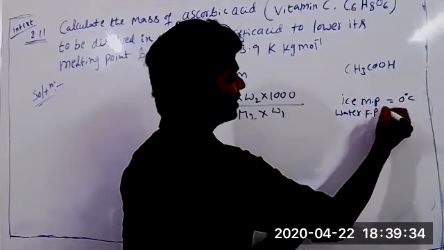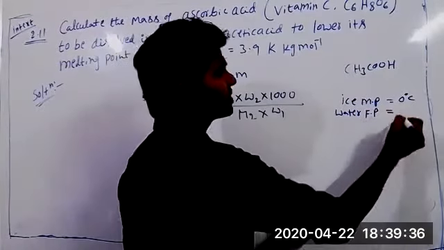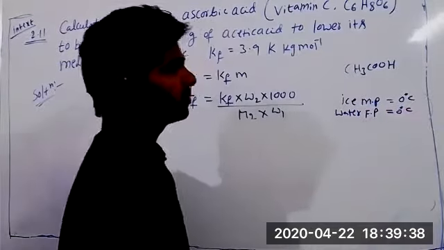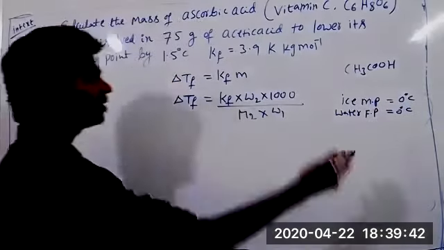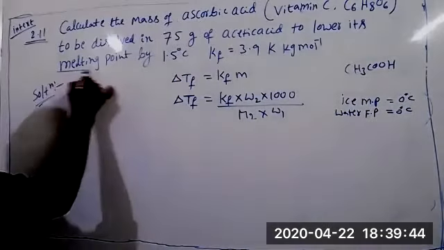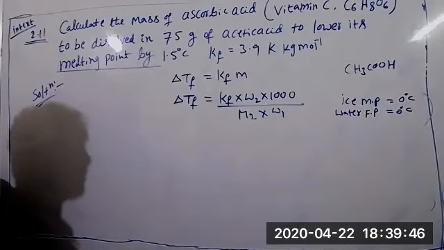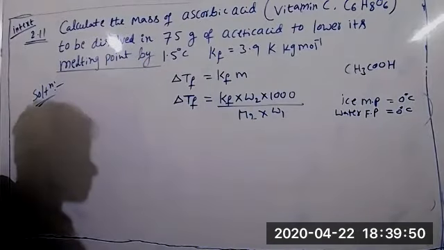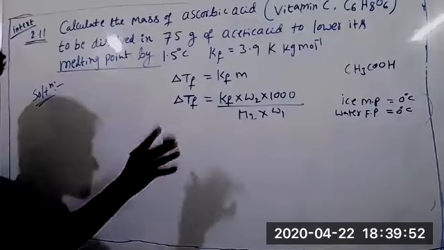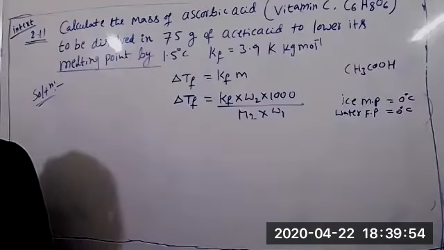Water freezing point is also 0 degree centigrade, so at 0 degree centigrade ice and water are in equilibrium. Here also, melting point can be taken as freezing point. Freezing point and melting point are the same for any liquid solution.